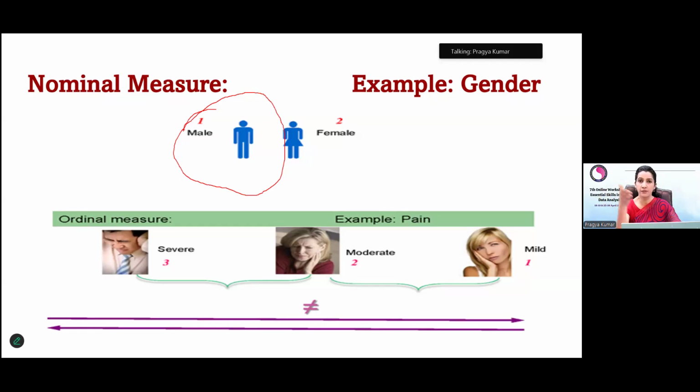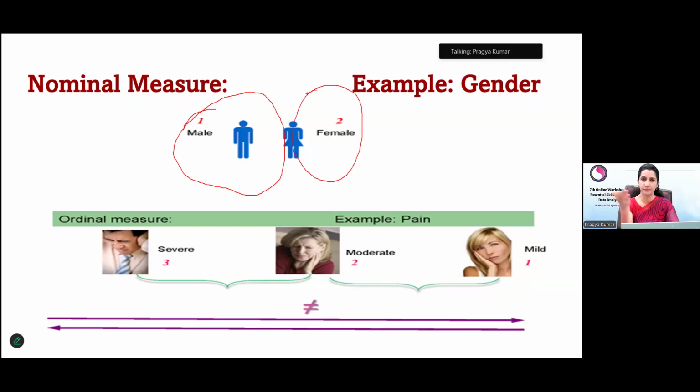Let's say 0. I think Dr. Suresh has given 0 to male and 1 to female, or any other number. Whatever number you give to male and female, if you change these numbers, the meaning does not change.